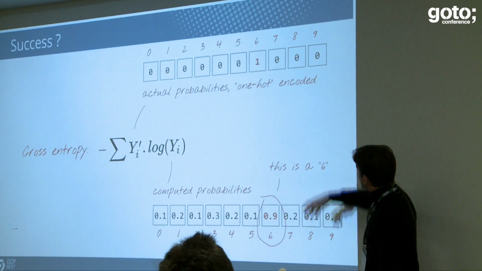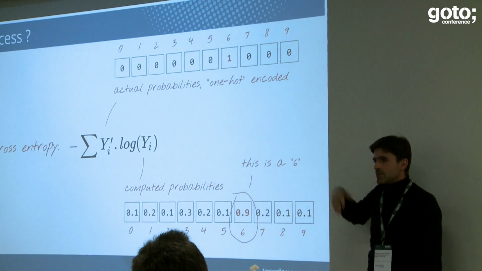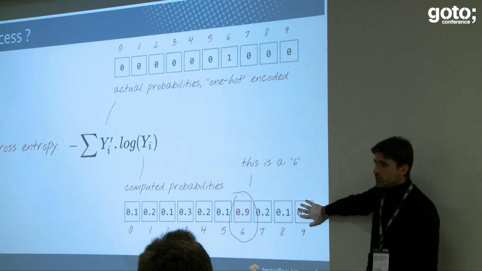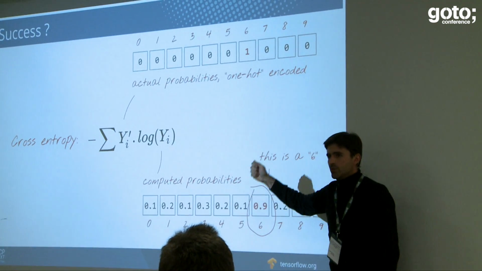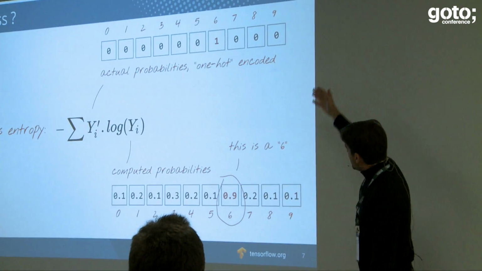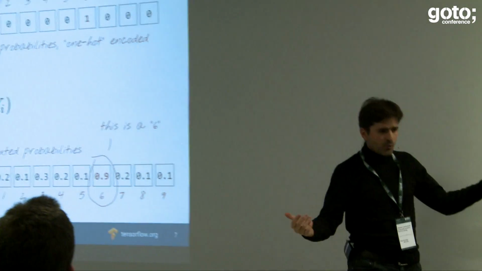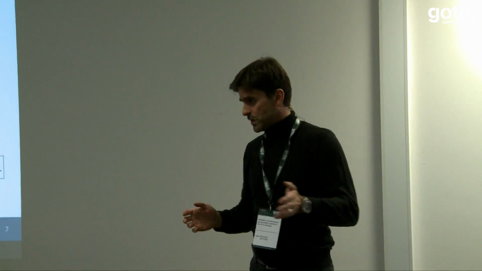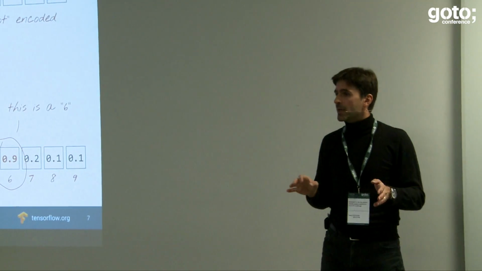We encode it like this because it looks very much like the predictions that our system is outputting. These are the outputs of our neurons. And here as well, we expect that one of them will have a high value and tell us that this is a 6. So now we have to calculate a distance between those two, which frankly could be any distance. Euclidean distance will work, no problem.